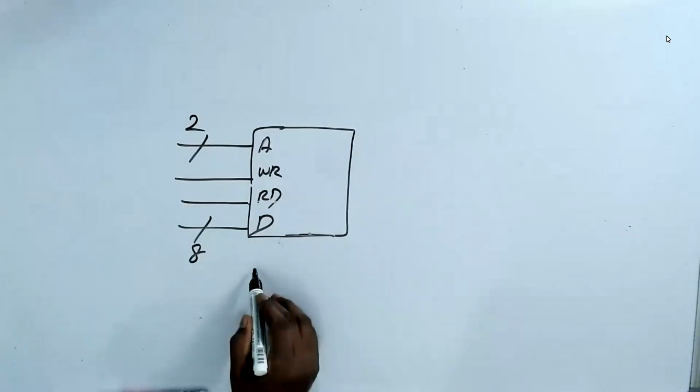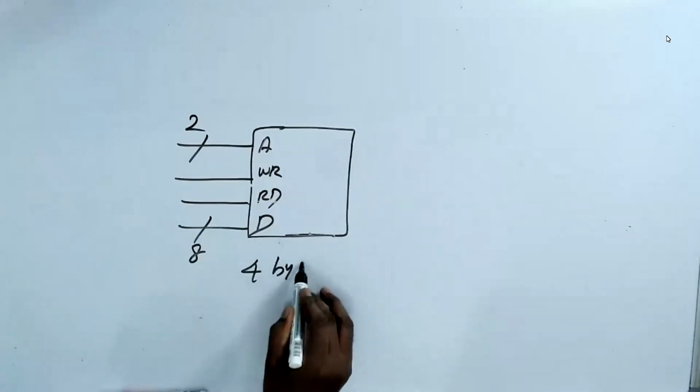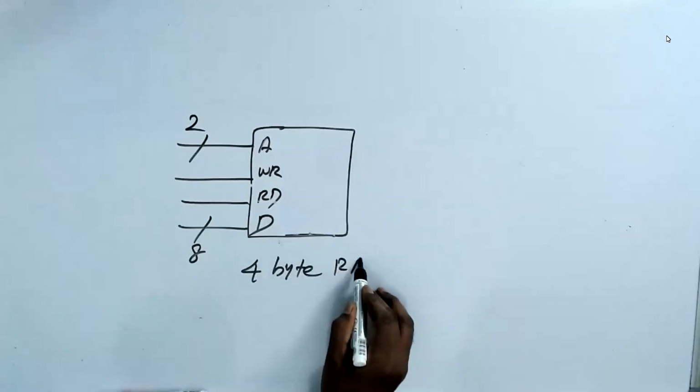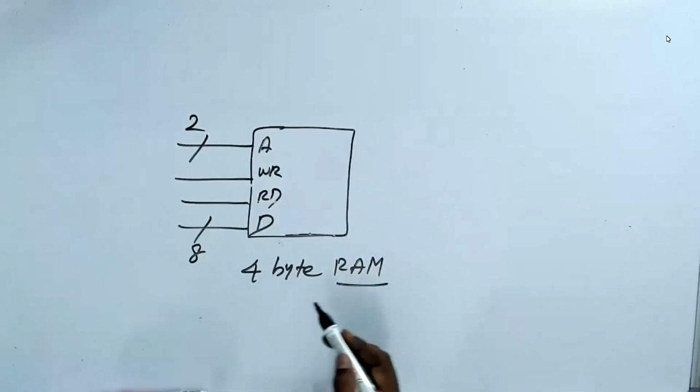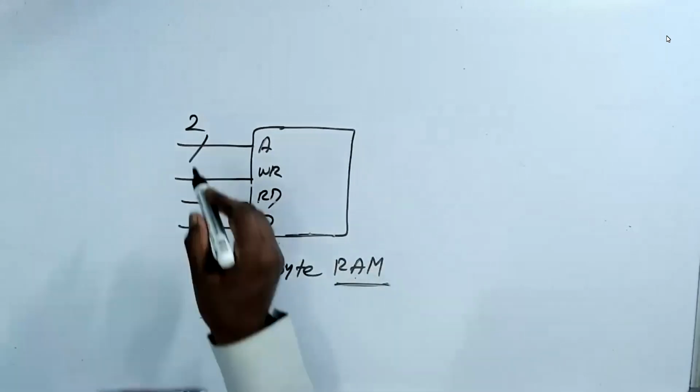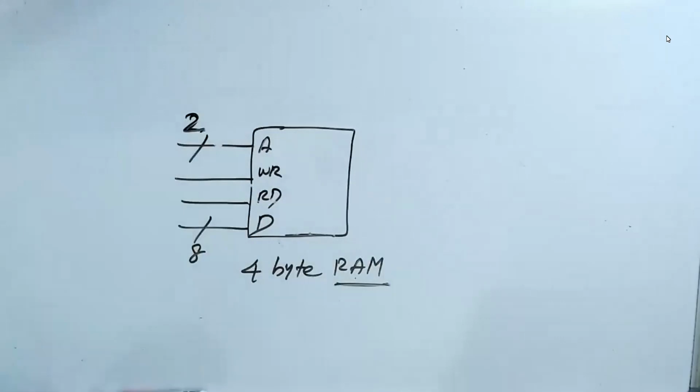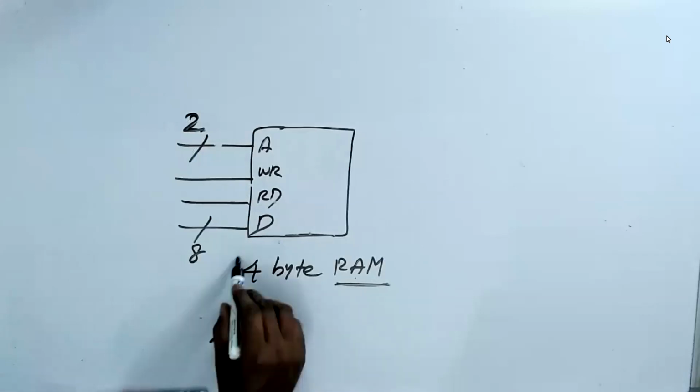This is called 4-byte read write memory. We are calling read write memory as RAM. Here's a 2. Understand now? Since this is 2, 2 power 2 is 4. That's why I call it 4-byte.